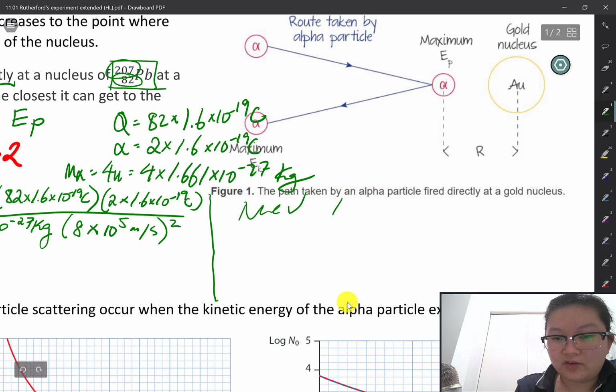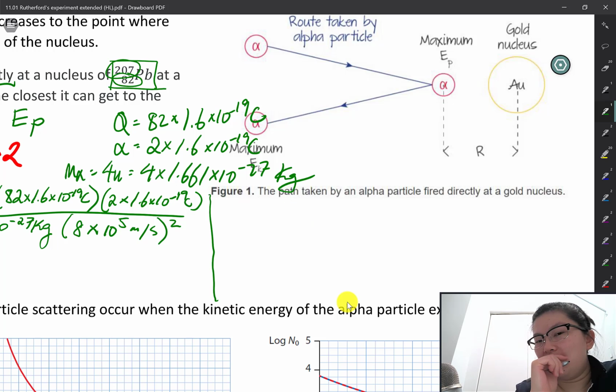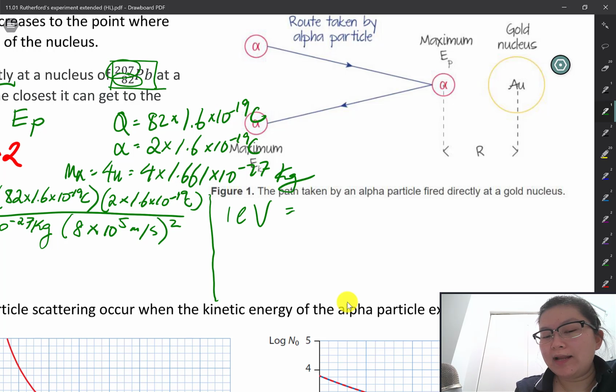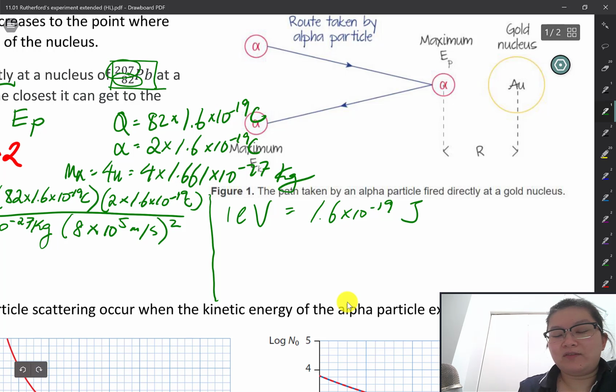So 1 electron volt is the amount of work needed to move 1 elementary charge, 1 electron, through a potential difference of 1 volt. So if we take that, it's going to be 1.6, the charge of an elementary particle, times 1 volt, which is 1.6 times 10 to the power of negative 19 joules.